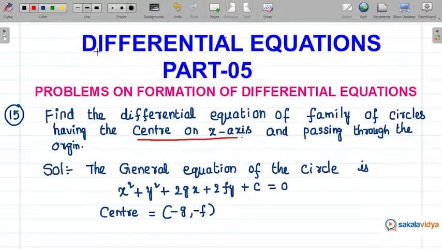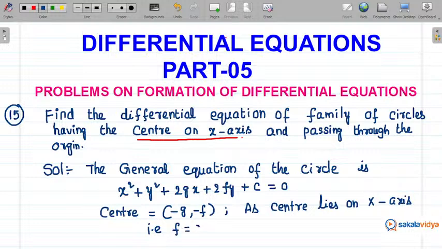As the center lies on x-axis, that is y coordinate, minus f is equal to 0, means f is equal to 0.